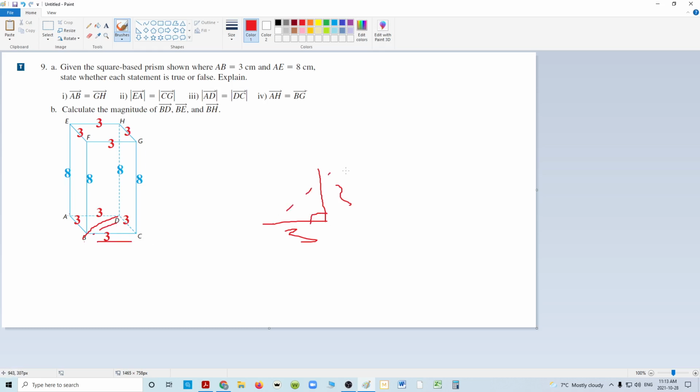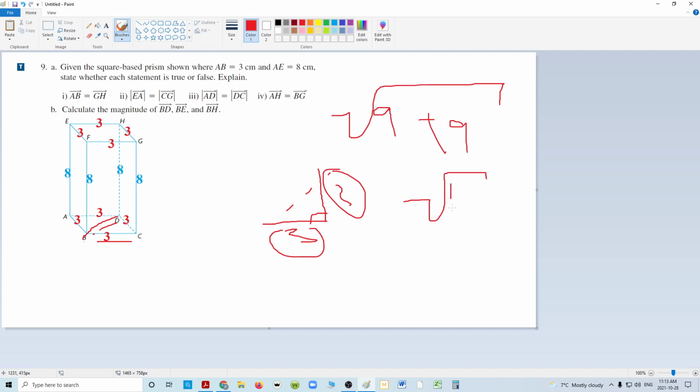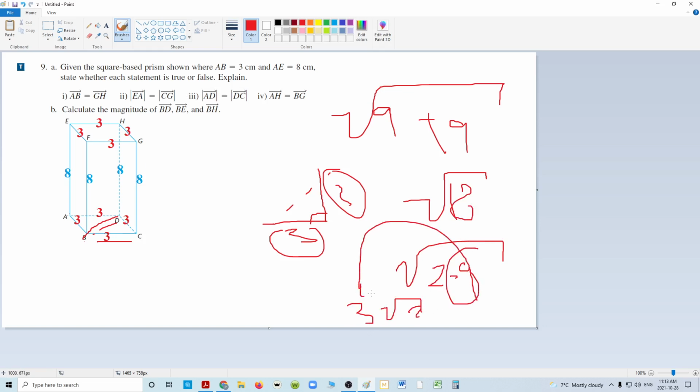So that means it's going to be the square of this plus the square of this. So it's going to be the square root of 9 plus 9, which is the square root of 18. I'm not going to calculate it, but I will break it down. It's 2 times 9, which is 3 times the square root of 2, because I can bring this 9 out. I could have done it right back here instead of doing this. 3 square root of 2.